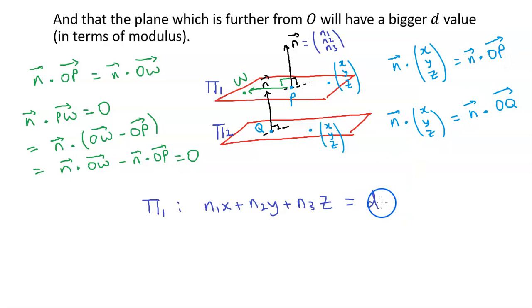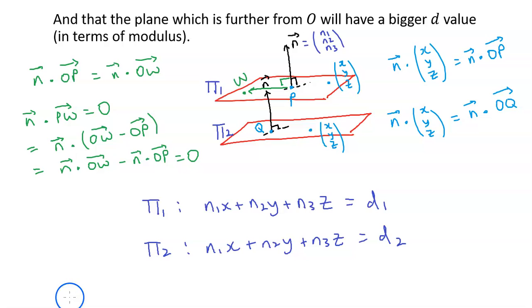Let's just call that d1. And pi 2, by the same calculation, because this is the same vector n, is going to have the equation n1x plus n2y plus n3z equals the constant n dot OQ, which is equal to d2. Let's just call it d2.